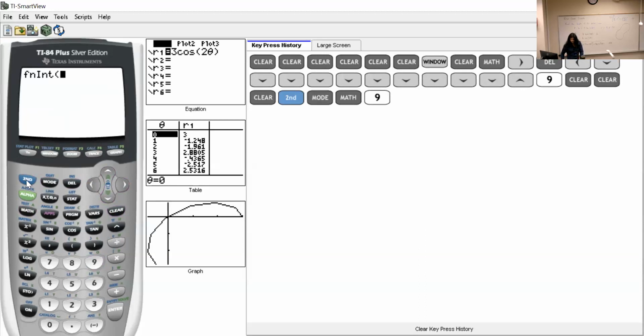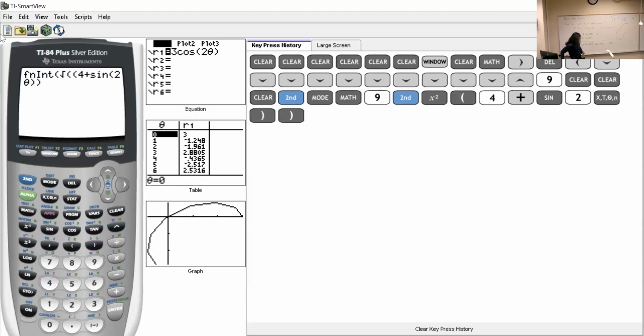The newer version of the calculator makes it fancier. So square root, make sure you put the parentheses, and if you don't do that, you are going to make mistakes. 4 plus 3 sine 2 theta, close parentheses, 1 more close parentheses, square, plus open group. You can type it as is, but I'm going to do open paren and put the derivative, close paren squared.